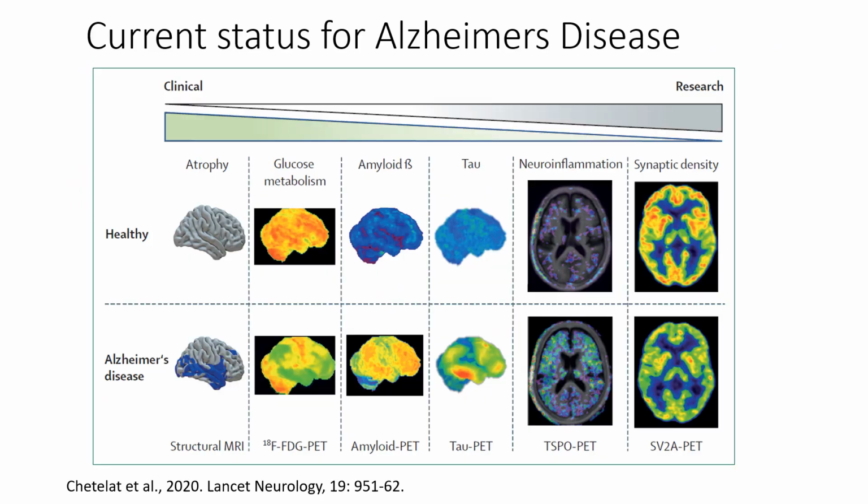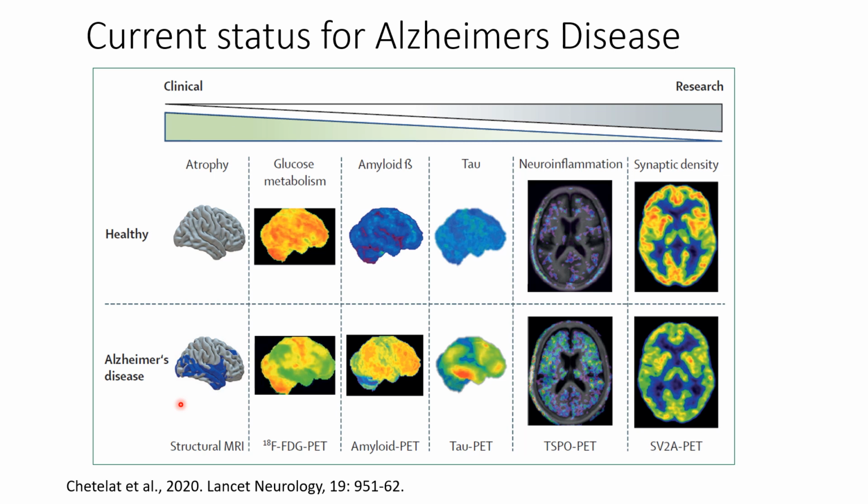So I got this really nice reference from Lancet Neurology where they looked at the status, and a lot of these radiopharmaceuticals are still in the research phase. So I don't want to go into depth, but it's good to know that the normal structural MRI is what's really used clinically to diagnose Alzheimer's disease.